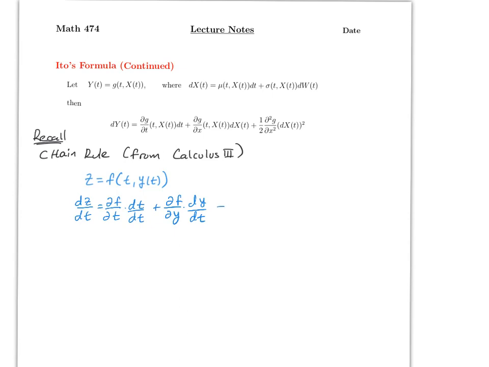And then if you want to write it in differential form, notice here that these cancel each other out. You'll end up with the partial of f with respect to t dt plus the partial of f with respect to y dy, because the dt's will cancel.